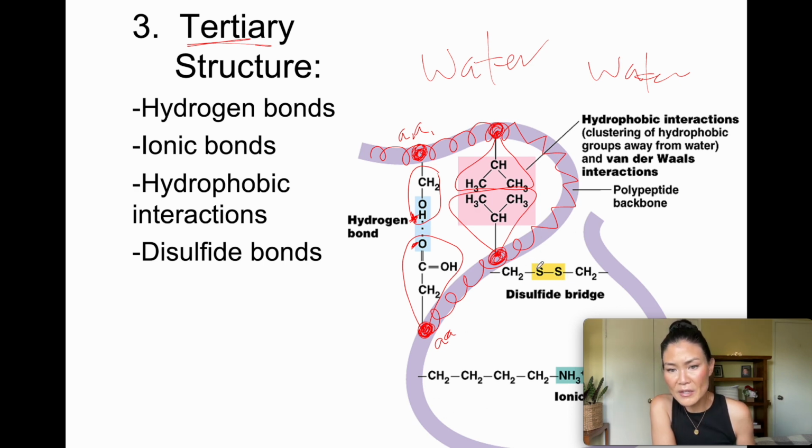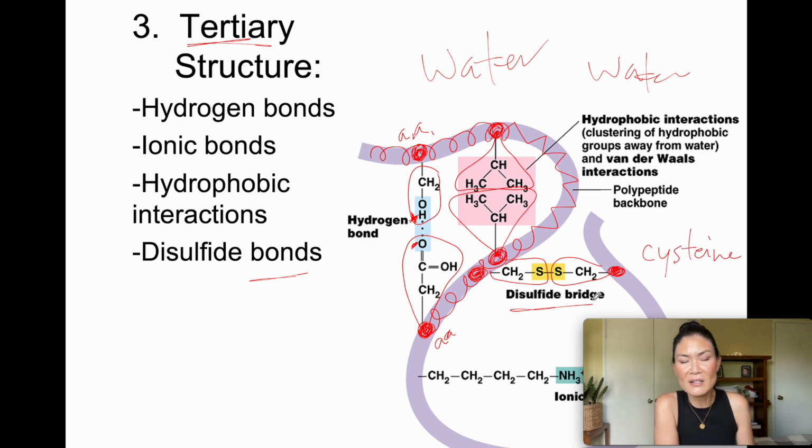And then why is this part of the amino acid chain folded inward? Well, there's another thing called a disulfide bridge or disulfide bond. It says bond right here. But here is one R group that contains a sulfur atom. Here's another R group that also contains a sulfur atom. So this is an amino acid. This is the amino acid. And by the way, the amino acid that contains sulfur is called cysteine. I think that's the only amino acid that contains sulfur.